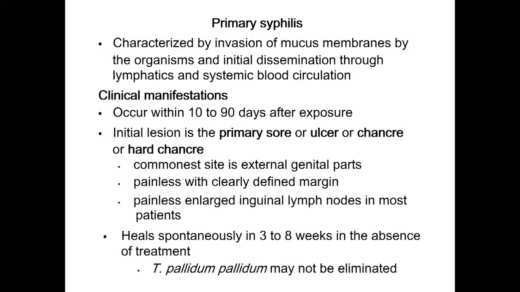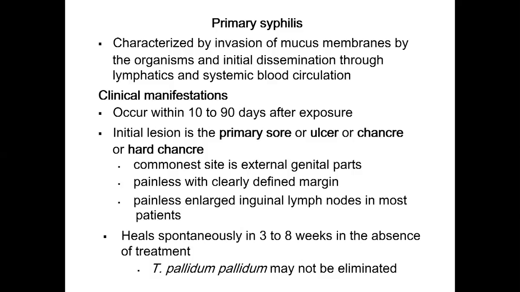So for the primary stage, that is primary syphilis, during that time, there is invasion of mucous membranes by the organism and initial dissemination through lymphatics and systemic blood circulation starts. But what is seen as clinical manifestations, this can be seen within 10 to 90 days after exposure.